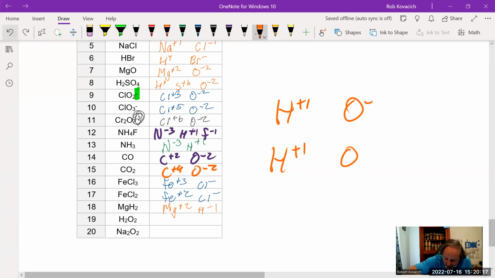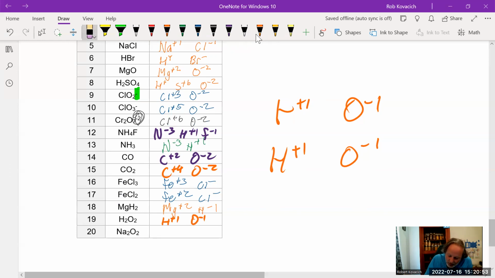So what I am going to do is write down -1. And when oxygen has a -1 charge, it is a peroxide. So this is hydrogen peroxide, a very reactive substance. You can only get it in a 3% solution. More concentrated than that, it starts to do really bad things to people and other objects because it's so chemically reactive. Because oxygen doesn't want to have a -1 charge. It wants to have a -2 charge. Okay, so then my answer here is H with a +1 and O with a -1.